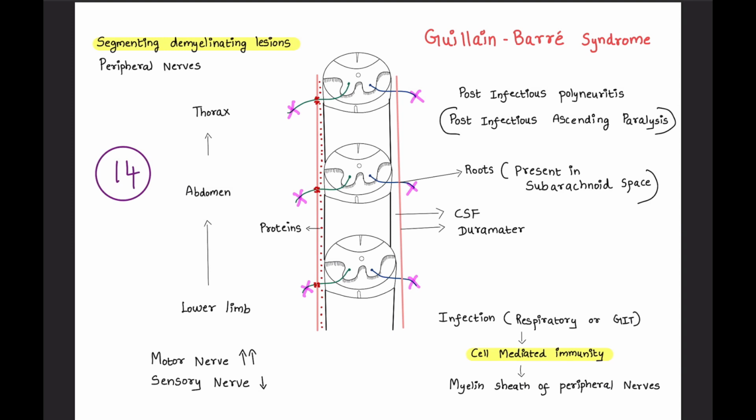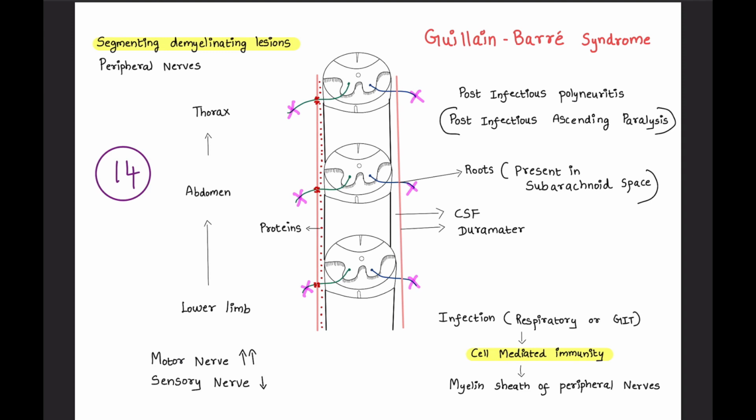Because the Schwann cells have a similar function and structure to the microorganism which is causing the infection. So basically the immune system mistakenly attacks the Schwann cells instead of the microorganisms, since it shares this similar feature, and hence causes the demyelination. This is how in this syndrome there will be demyelination.